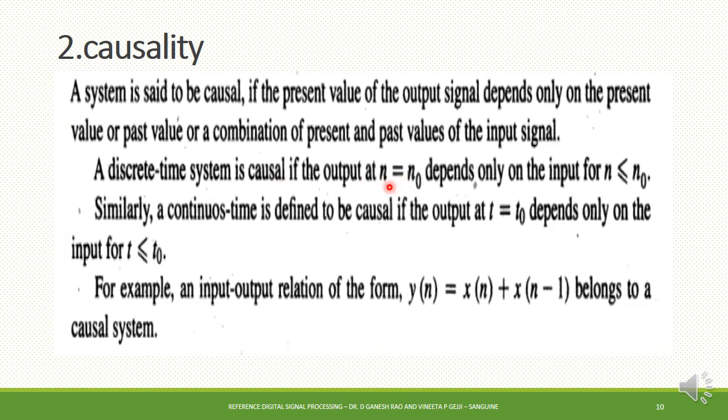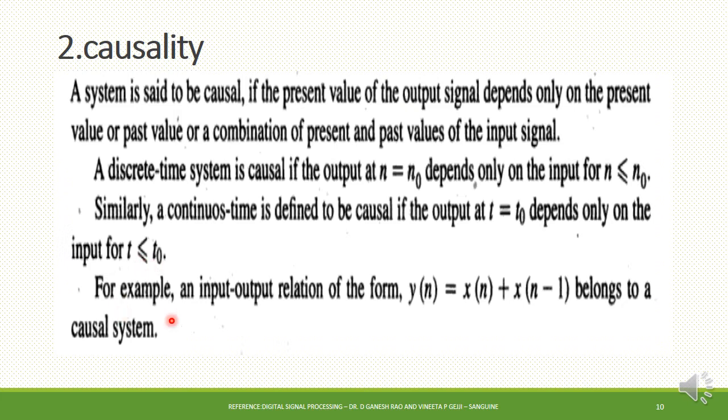If the output at n equal to n naught depends only on the input for n less than n naught. Similarly, a continuous time system is defined as causal if the output at t equal to t naught depends only on the input for t less than or equal to t naught.